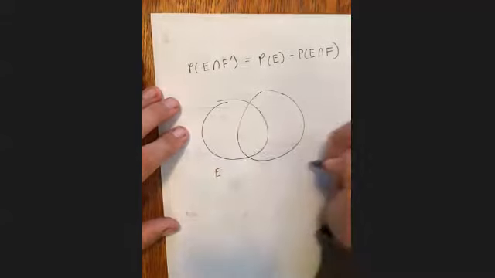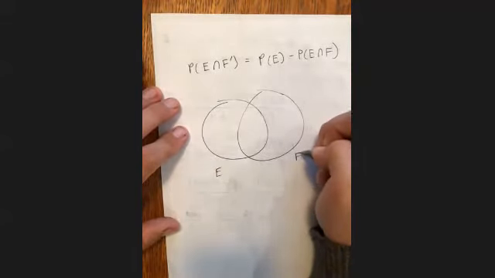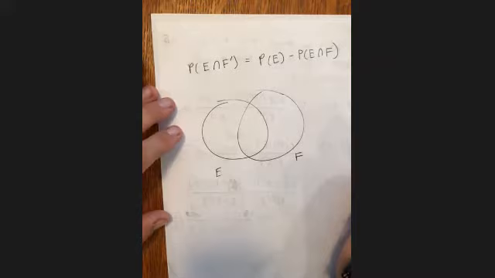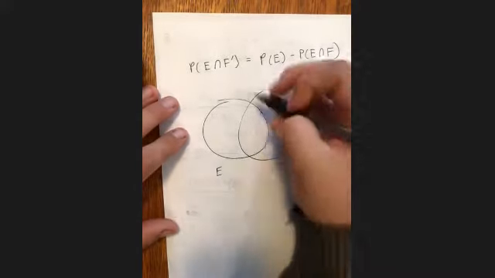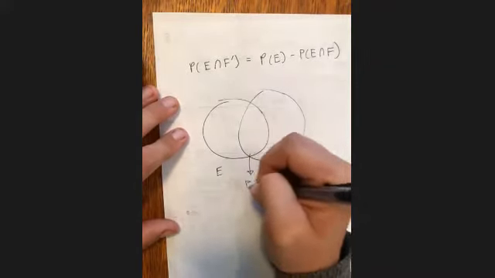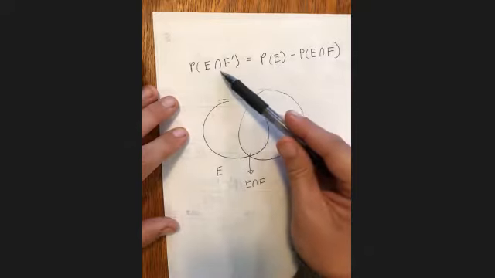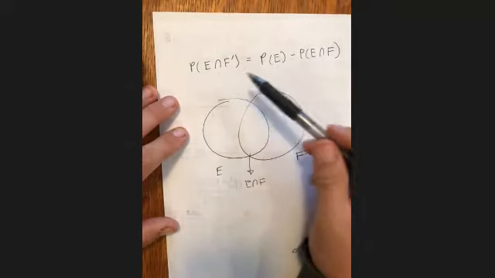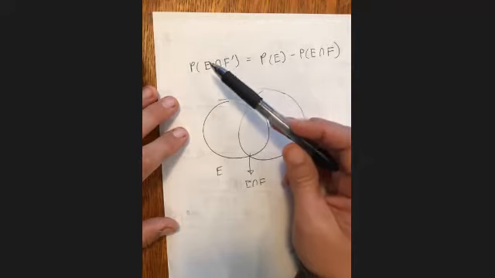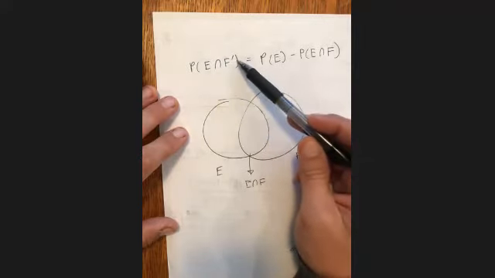So here's E, here's F, and here's E intersect F. Okay, so the probability of E intersect F complement, that's what we're looking for. Well, that's everything that's in E that's outside of F.